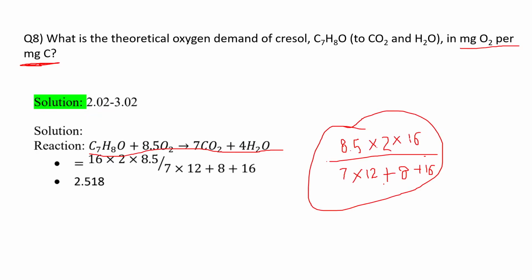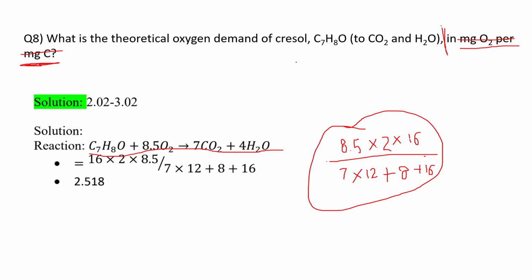Okay, first of all, we'll figure out this question number 8. So, when we say we need to find out theoretical oxygen demand of cresol, the question should end here. That's it. This point is unnecessary. This is just creating confusion. So, what is the theoretical oxygen demand?